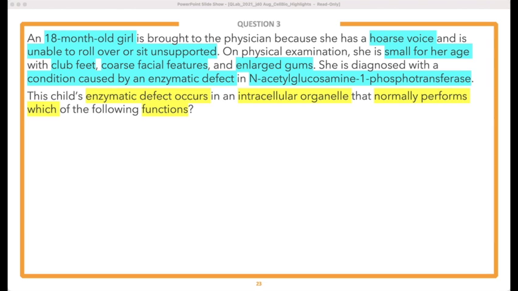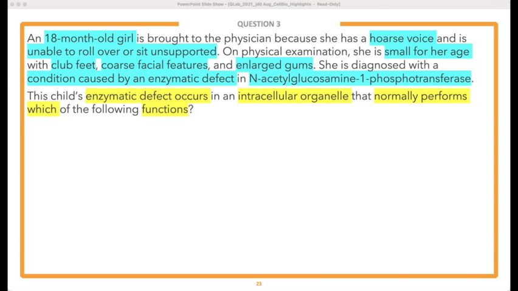So I think we've got a few steps here. The question is asking us, the enzymatic defect occurs in an intracellular organelle that normally performs what function? So I think we've got a couple steps here. We know what the enzymatic defect is, but we might first need to know what the condition is.